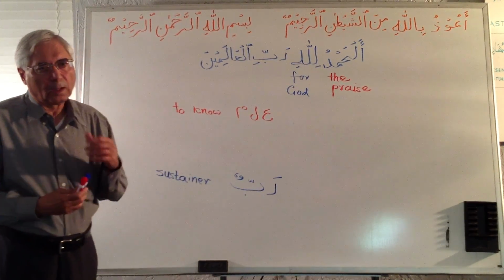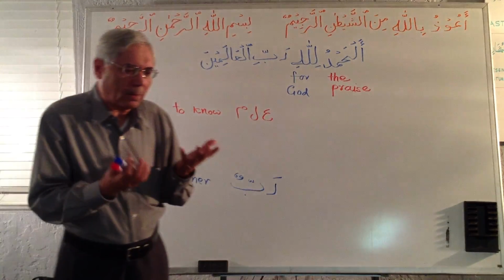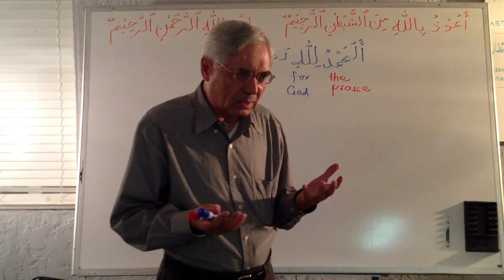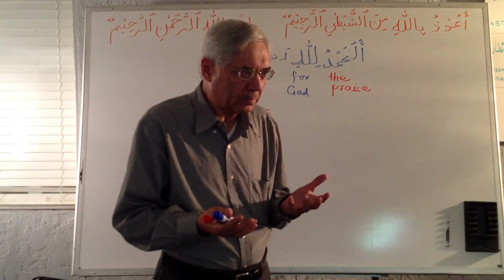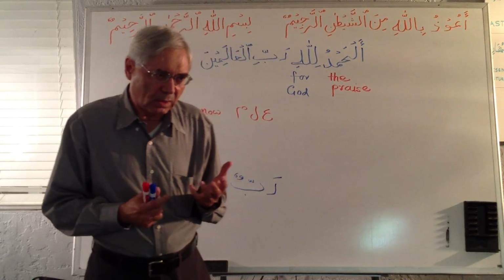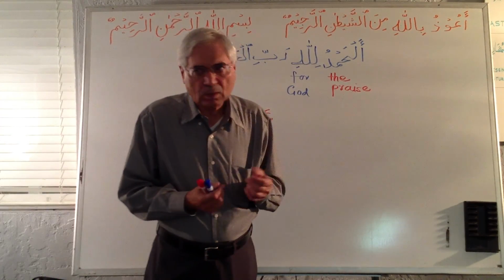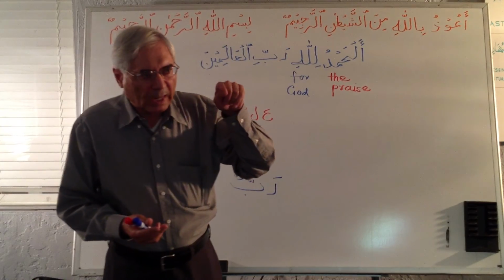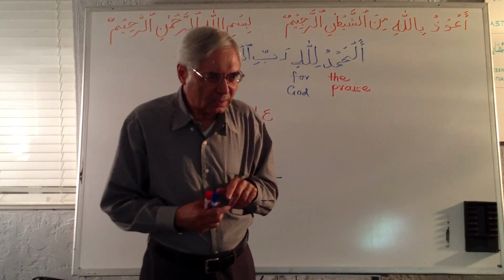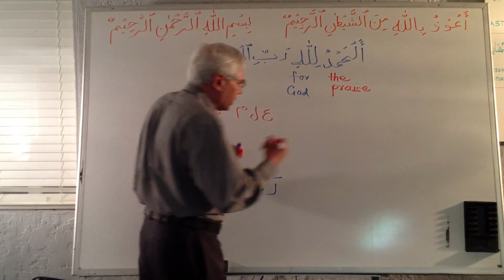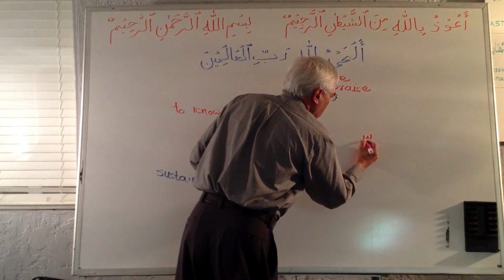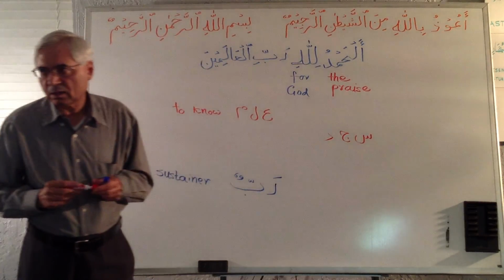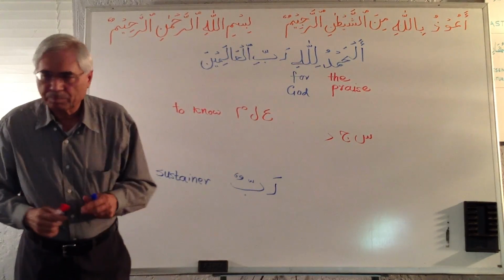Now, you have a lot of names that you know: Sajid, Abid, Alim. What is the meaning of Sajid? One who makes sajda. What's the meaning of Abid? One who worships. When you put alif between the first and the second letter, for example, the three basic letters are Sin, Jim and Dal, sajada, which means to make sajda.